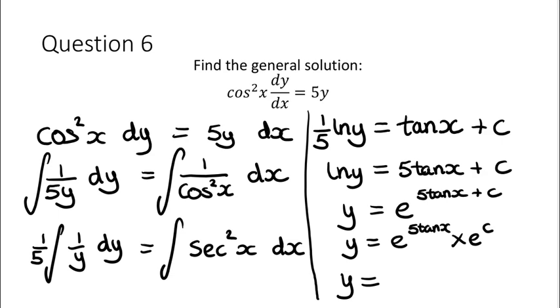So that in itself is a constant. So I'm just going to rename this a, and then I have my general solution. Okay, you might then have a question that gives you some boundary conditions in which you can then find what that missing constant is and actually get a particular solution, but we're just going to leave it there.